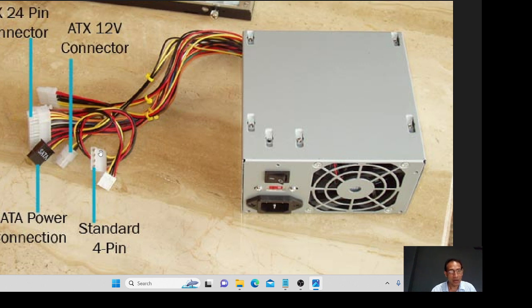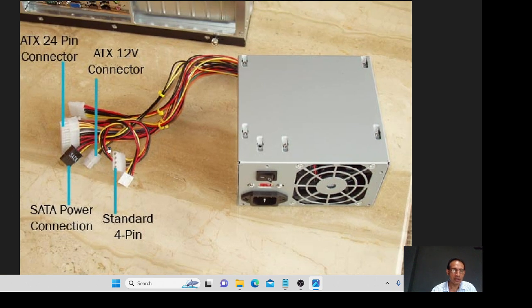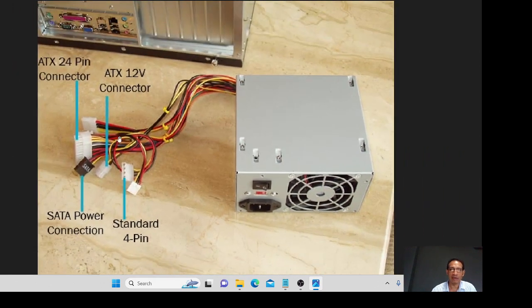But currently it has SATA power, not this power, SATA power for the SATA hard disk and the SATA CD-ROMs. And this is the IDE CD-ROM and IDE hard disk power, the 4 pin power, and here the 24 pin power supply connector is available. This is also a bit of an old type of power supply unit.